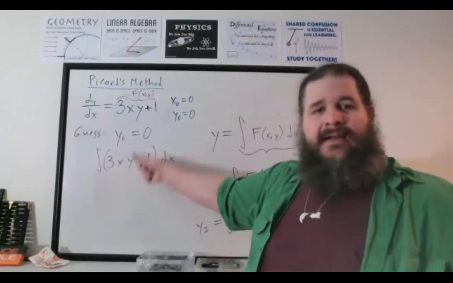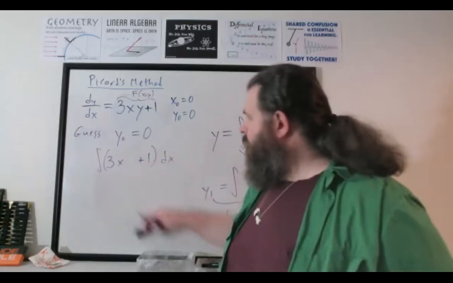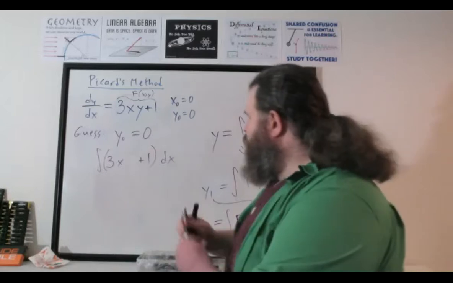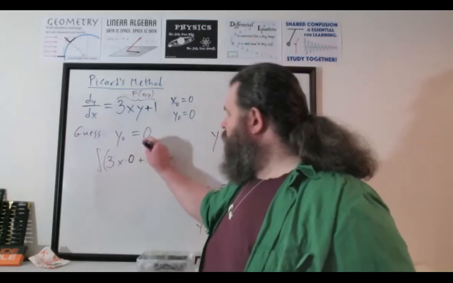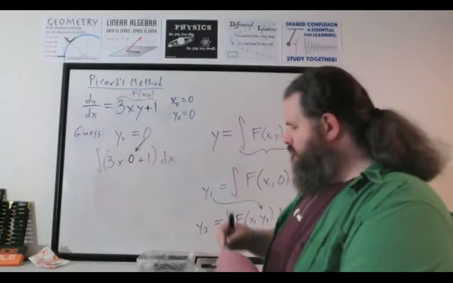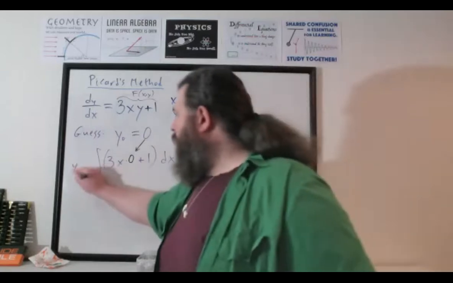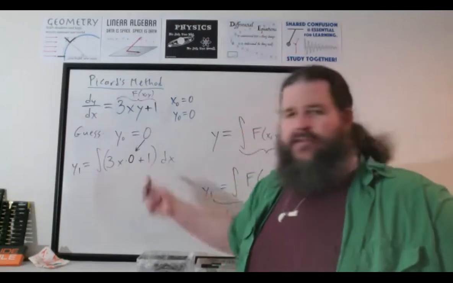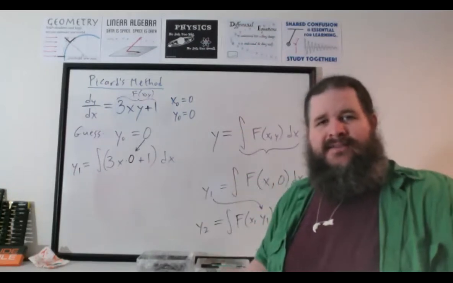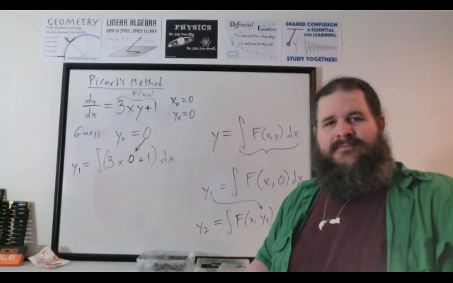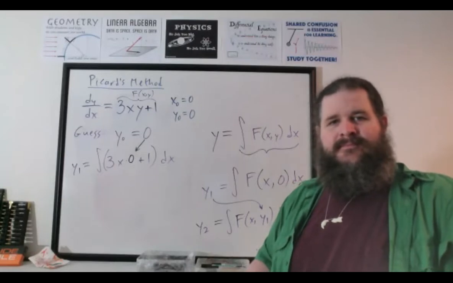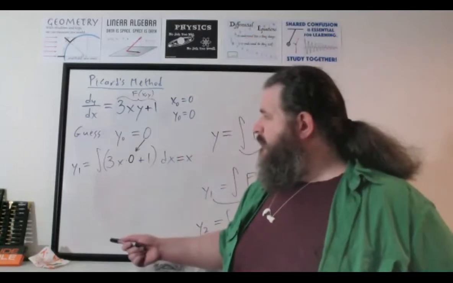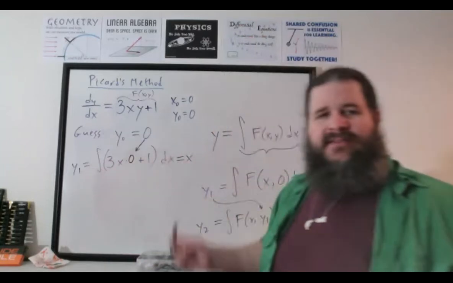But instead of y, I'm going to use our previous guess, and we'll call that y1. So the integral is just going to be 0 plus 1. What's the integral of 1 dx? x. Yeah. So our first order approximation is y1 equals x.